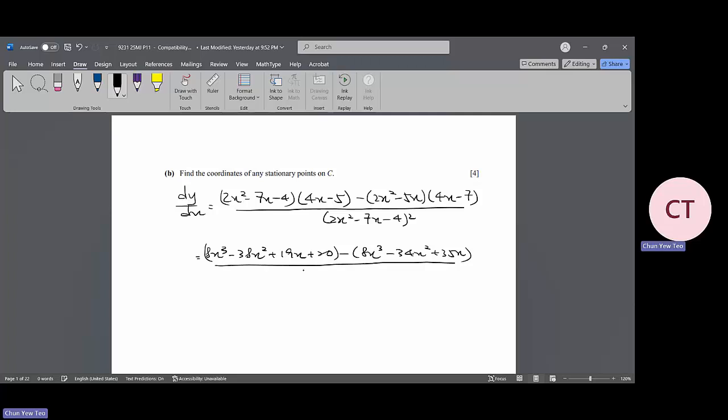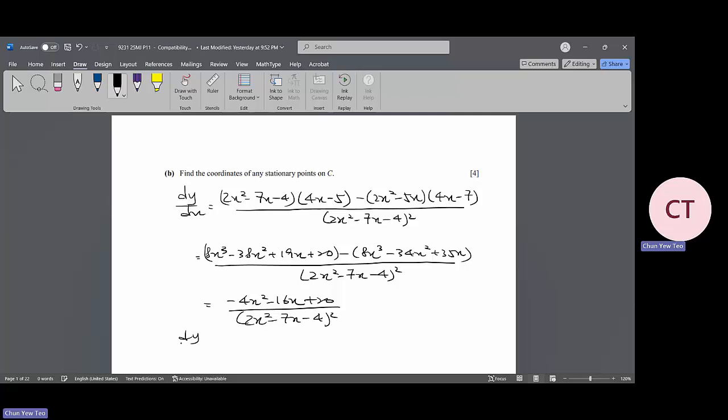divided by the denominator. We're not going to change anything for the denominator, just copy down only. Simplify it, you will get negative 4x squared minus 16x plus 20 divided by (2x squared minus 7x minus 4) squared.